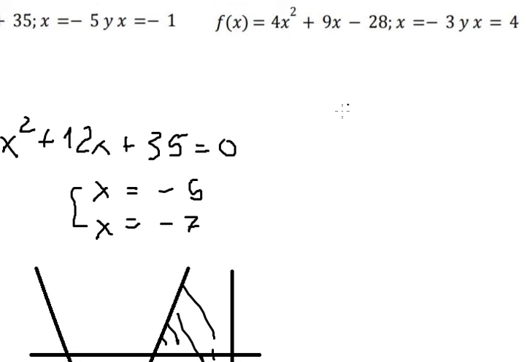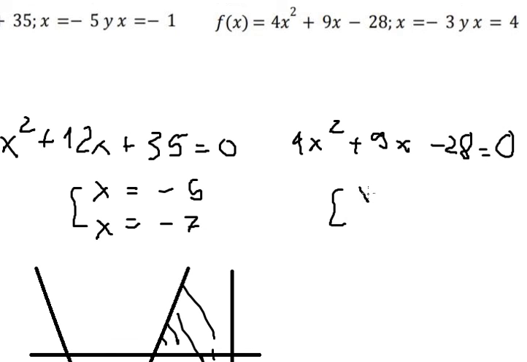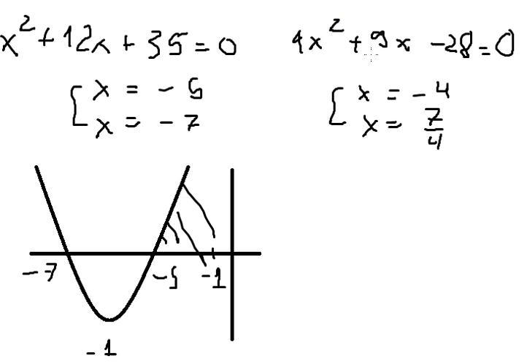Similar for the last one. So we have two solutions. That's negative 4 and 7 over 4. And the graph should be like this.